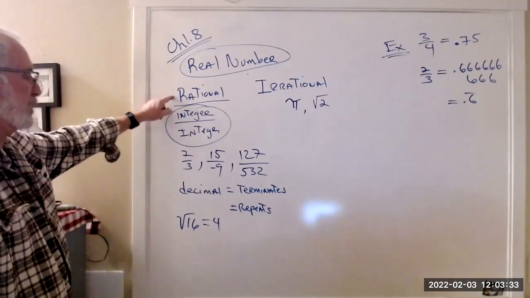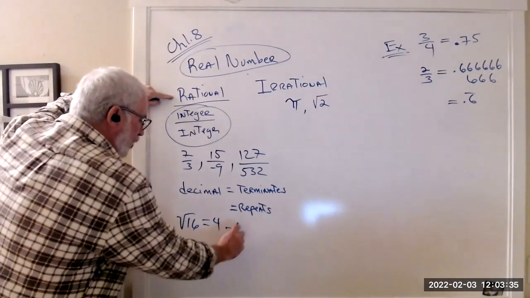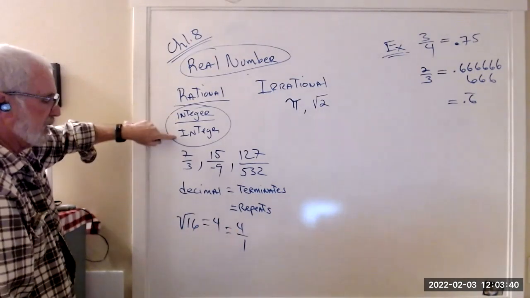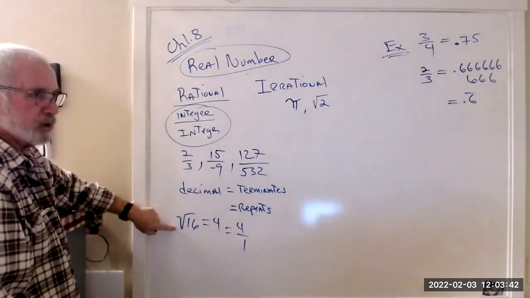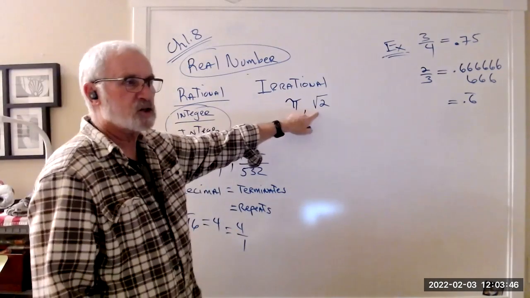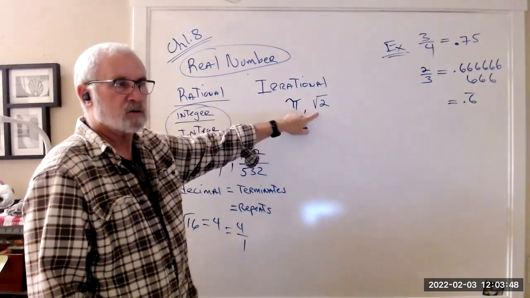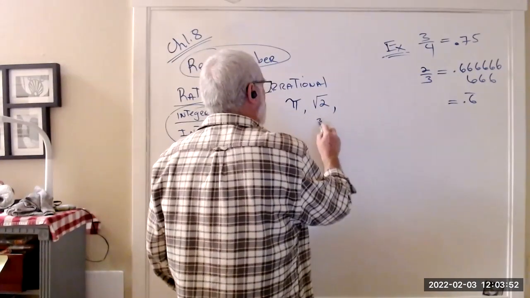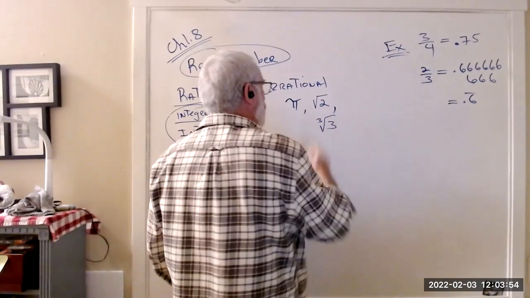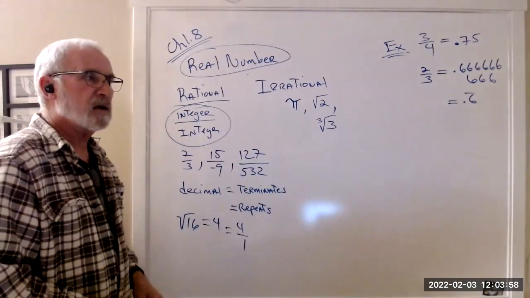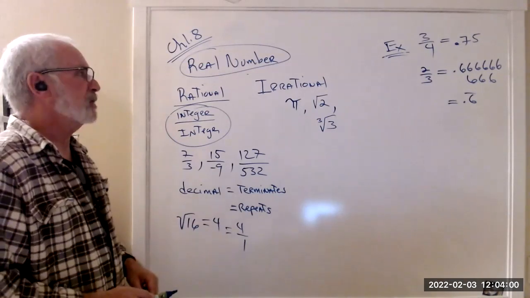So that's a rational number because it's 4/1. So it's an integer divided by an integer. So there are pretty square roots, square root of 16, nice ones, but then there are ugly square roots. Same thing. There are something you don't know about yet, maybe, but there are cube roots, and there are fourth roots, and there are fifth roots. There are all kinds of bizarre numbers.